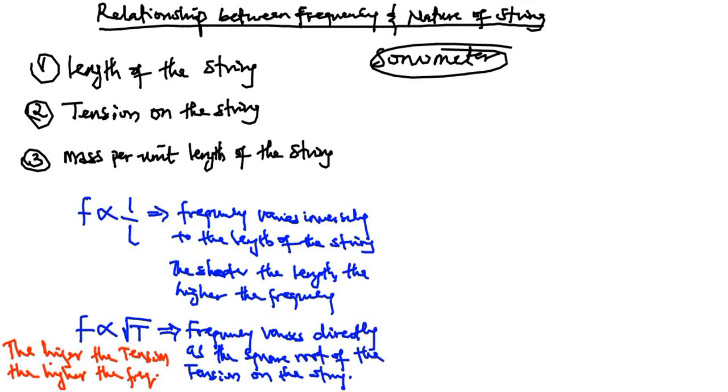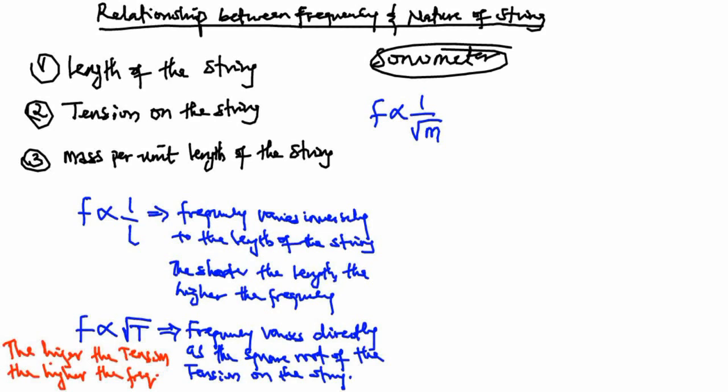And the last one is that frequency f varies inversely as the square root of the mass per unit length, or it varies inversely as the mass, the thickness of the string.